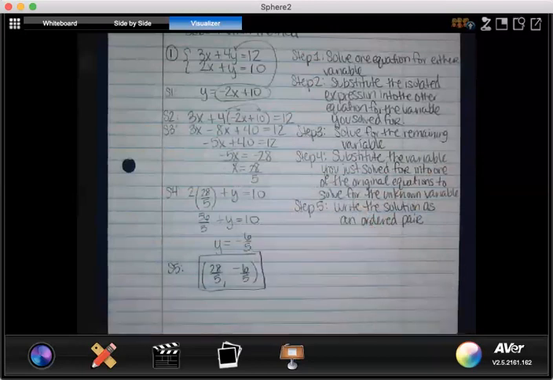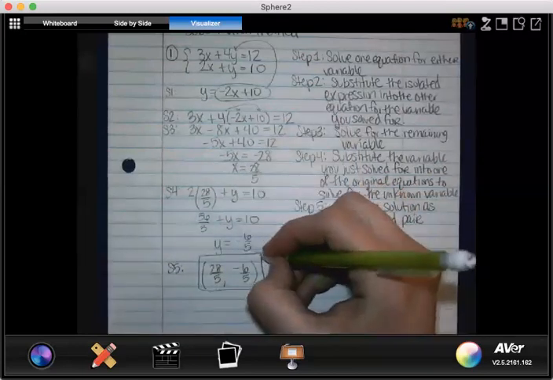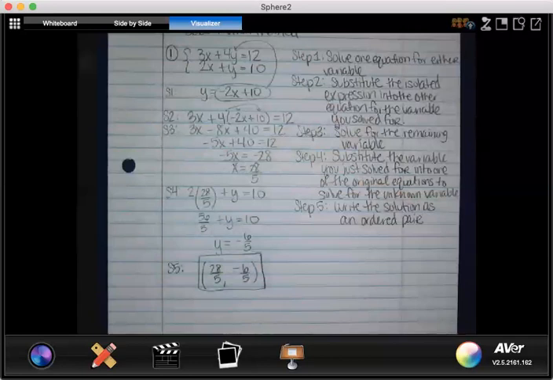Now, if we were to graph this, that would be pretty hard to actually see because it wouldn't be a specific point on the graph at the intersections. It would be somewhere in the middle between 2 lines. So this is how we would solve it algebraically.